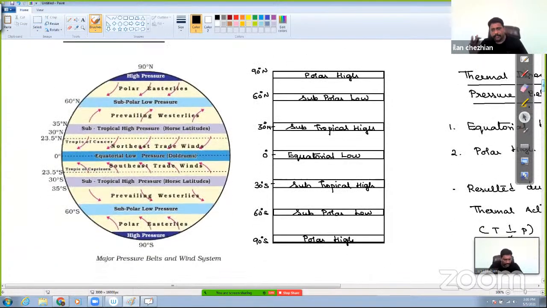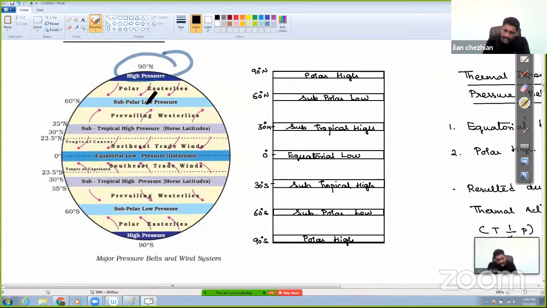And one more thing, this is very, very important, my friend. Whenever I talk about wind, wind always moves from high pressure to low pressure. So only depending upon the location of this high pressure and low pressure, you can have the movement of wind. Say for example, from polar high, you have the wind moving to subpolar low.